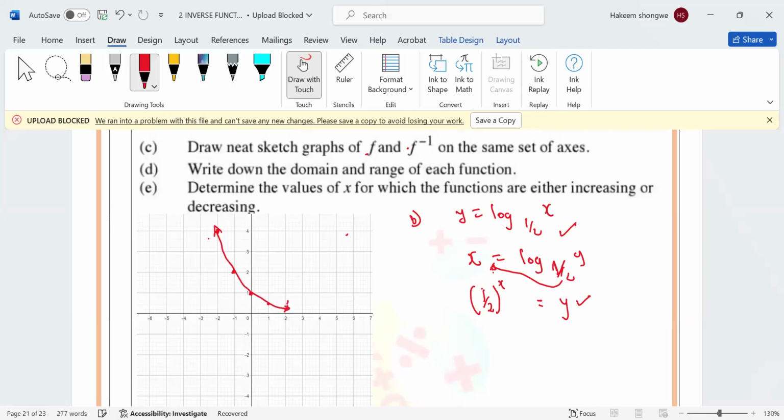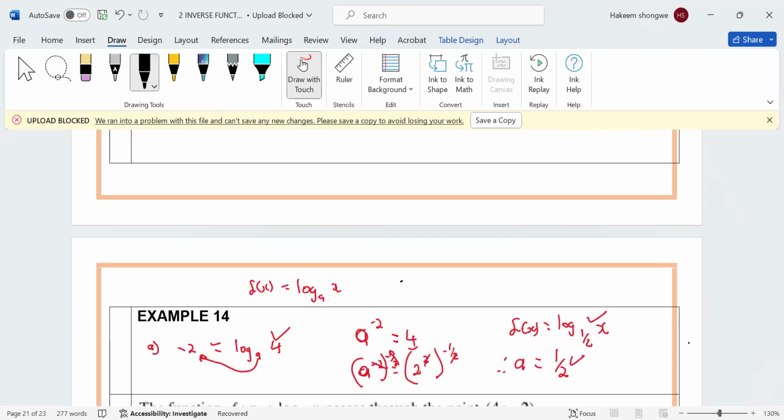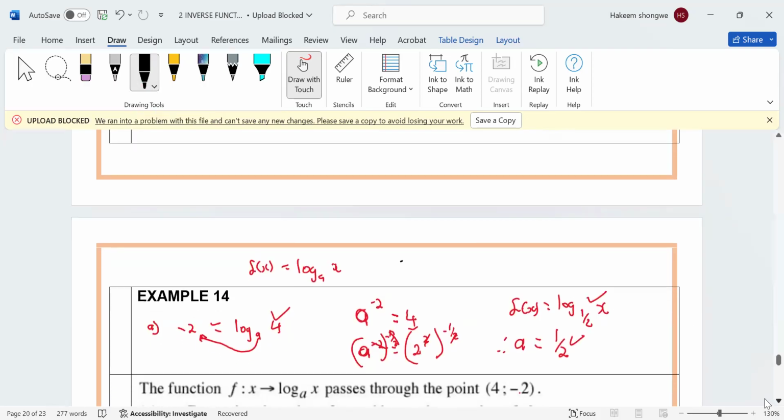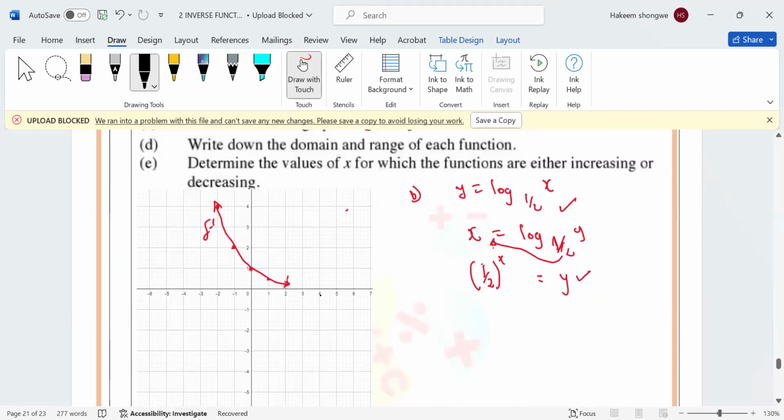This is going to be f inverse. Don't forget, this is f inverse, not f of x. Now let's draw f of x. Whatever is x becomes y. So it's (4, -2): x is 4, y is -2. X is 2, y is -1.